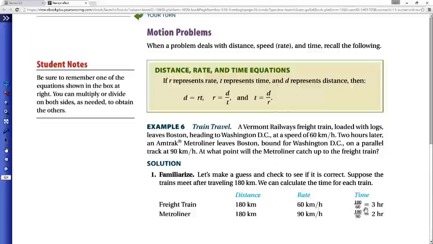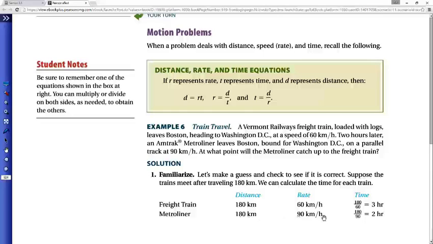And you'd get 180 over 60, and the kilometers would cancel out, and you'd end up with just hours. Okay, and you end up with 3 hours. So in other words, for the freight train to go 180 kilometers, it would take 3 hours because its rate's right here. The Metroliner would go 180 kilometers in 2 hours.